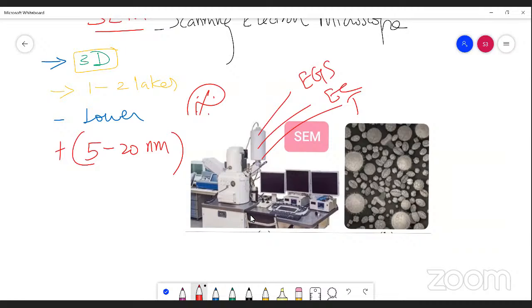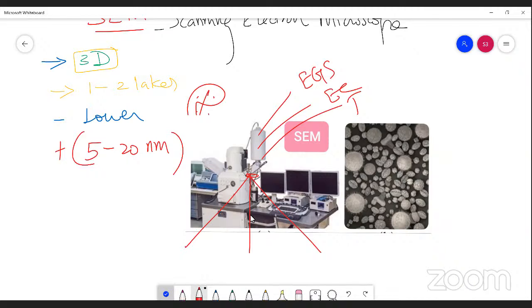It also possesses a stage where the specimen is placed. When the electrons are emitted from the electron generating system and pass continuously onto the specimen, they react with one another and form different radiation.